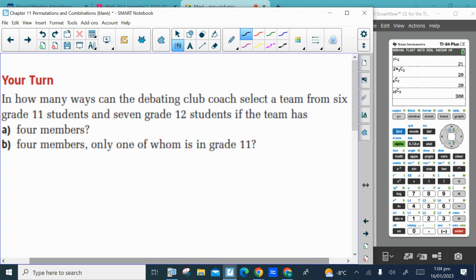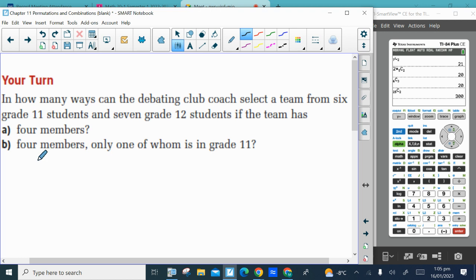In how many ways can the debating club coach select a team from 6th grade 11 and 7th grade 12 students if the team just simply has 4 members? So again, the order that they're chosen doesn't matter. They're not filling specific roles. So this again is a combination. And so the 4 members are being chosen from 6th grade 11 and 7th grade 12. So that's a total of 13 students altogether.